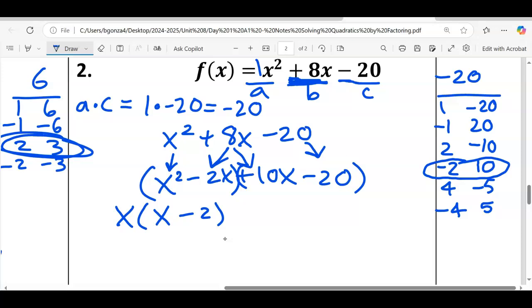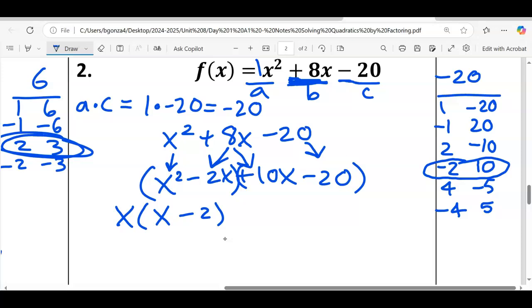Gotta be able to factor. Okay. Now the next parentheses, 10x and minus 20, sounds like there might be a factor between 10 and minus 20. Could be 2, but that's not the greatest common factor. What's the biggest number that goes into 10 that also goes into negative 20?